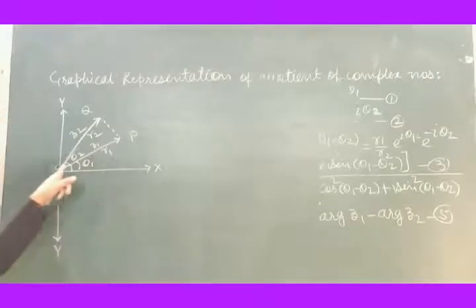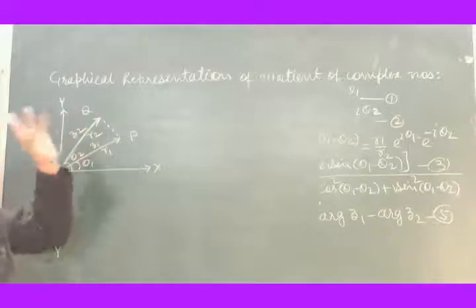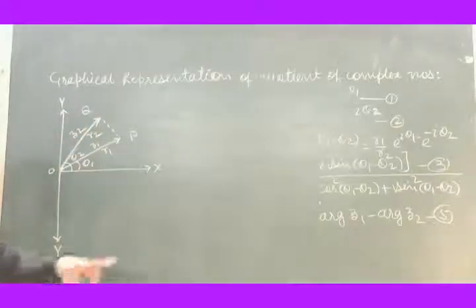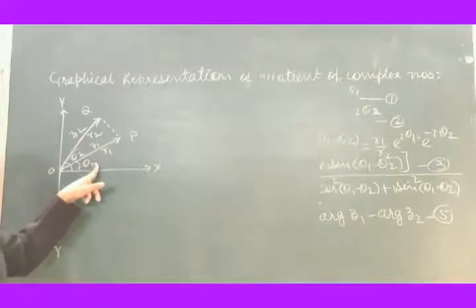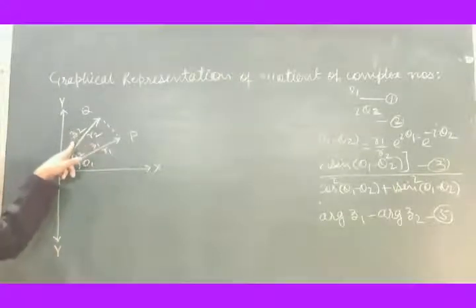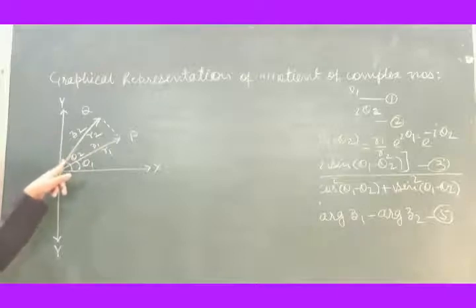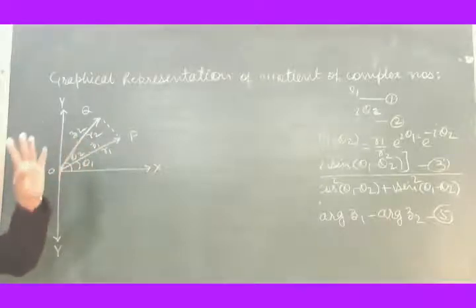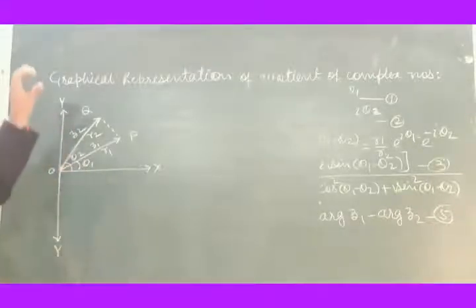Equation 1 represents vector OP, equation 2 represents vector OQ. Equation 1 is about vector z1 with modulus r1, argument theta 1. Vector OQ is about complex number z2, which has argument theta 2 and modulus r2. These are the two given complex numbers represented graphically on a complex plane.